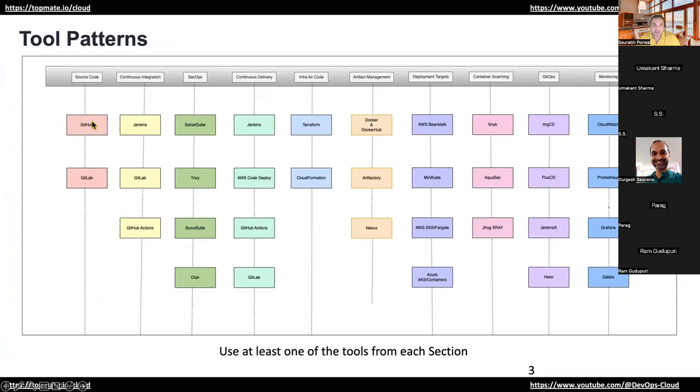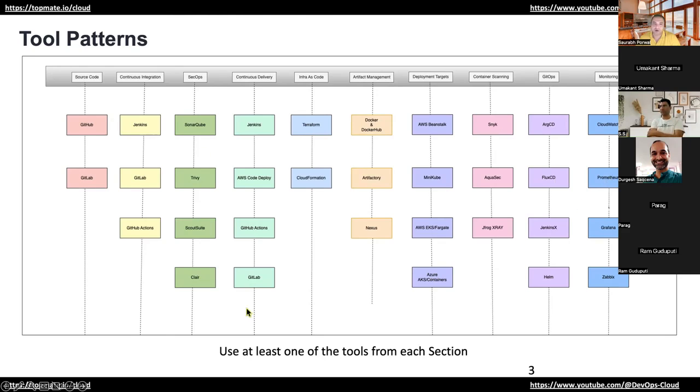You can cross-check and pick up your tools from any of these streams. You take GitHub, then GitLab, then you might take SonarQube, then you can go for GitHub Actions. You can do CloudFormation or Terraform, and then you can use either Docker Hub or install Artifactory and store images there. You can deploy it in EKS, or in Azure AKS, then use Snyk, use Flux CD, and then monitoring.